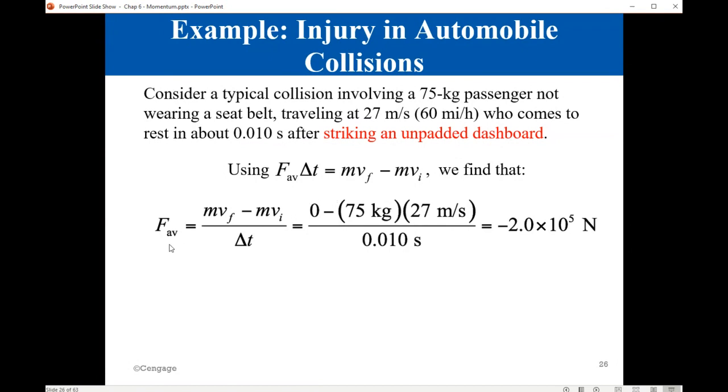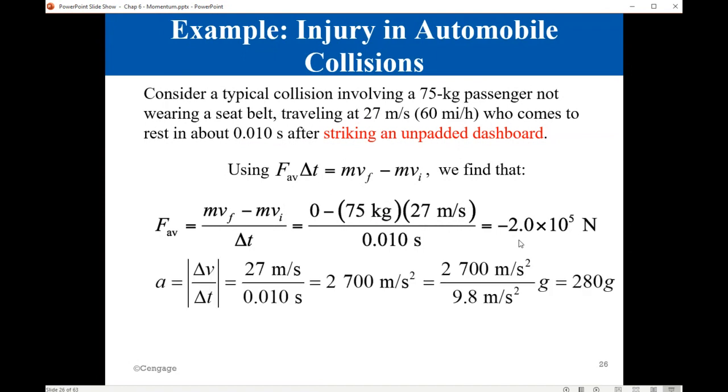And from there, we can calculate the average force during the collision. V final is 0. Final momentum is 0. Initial momentum is mass 75 kilogram multiplied by velocity 27 meter per second. And the action time is 0.01 second. This equals minus 2 by 10 to the power 5 Newton.